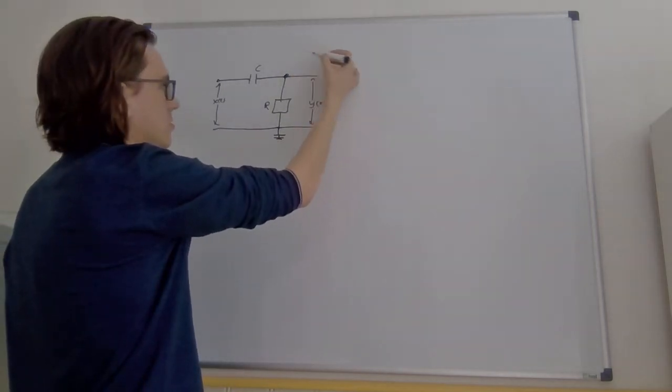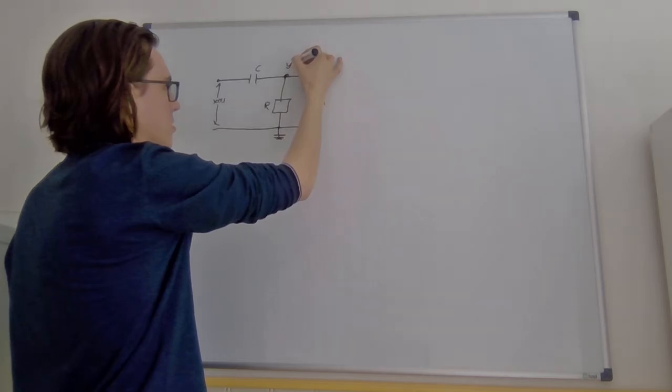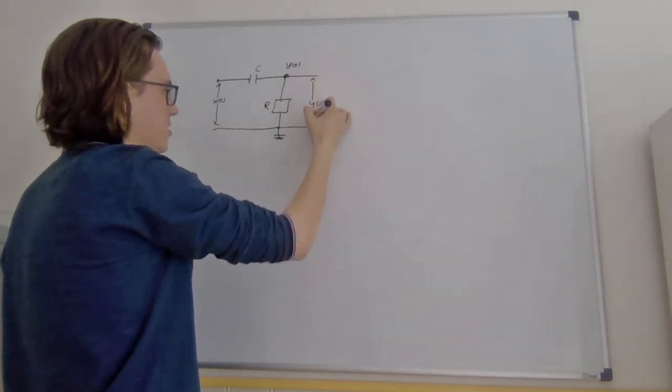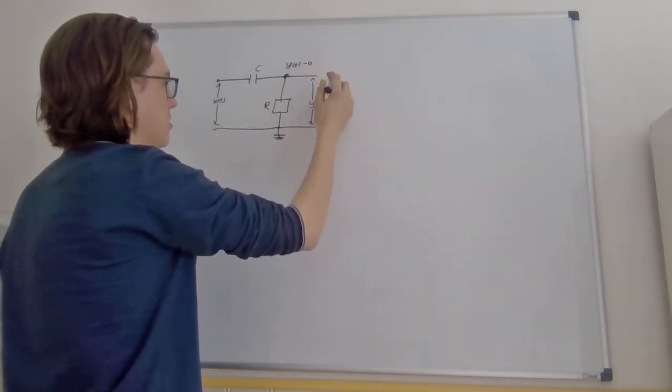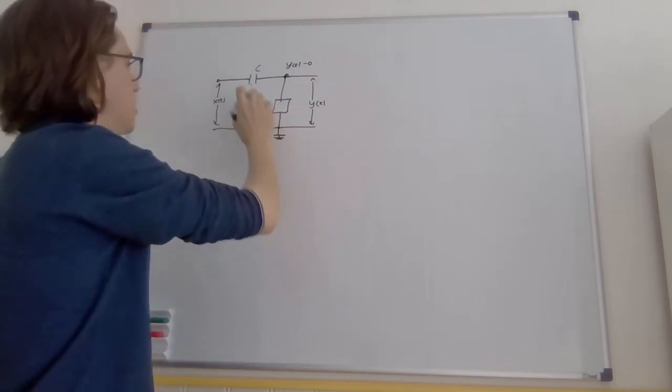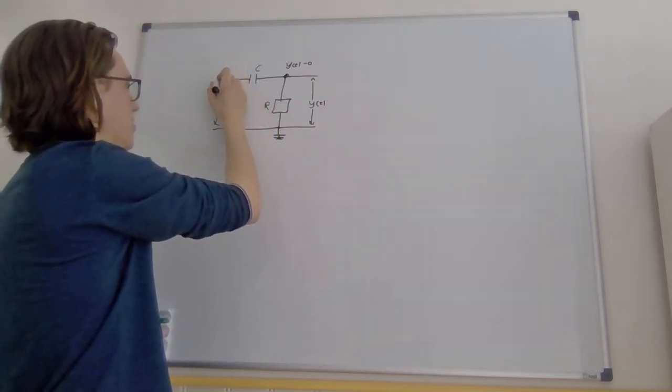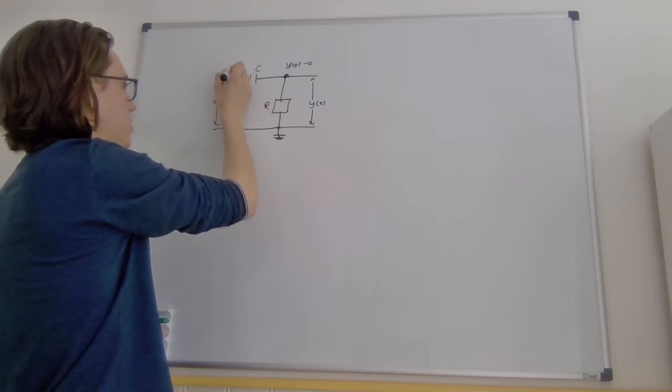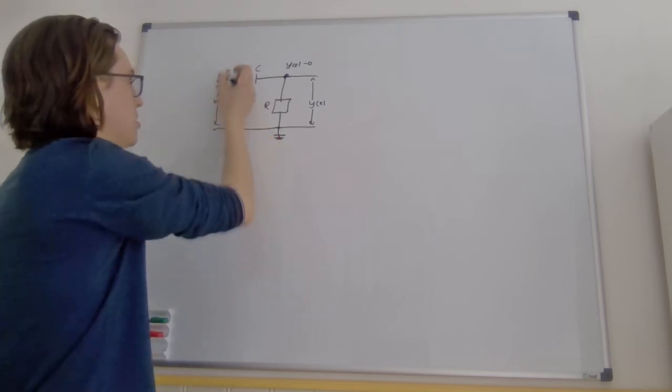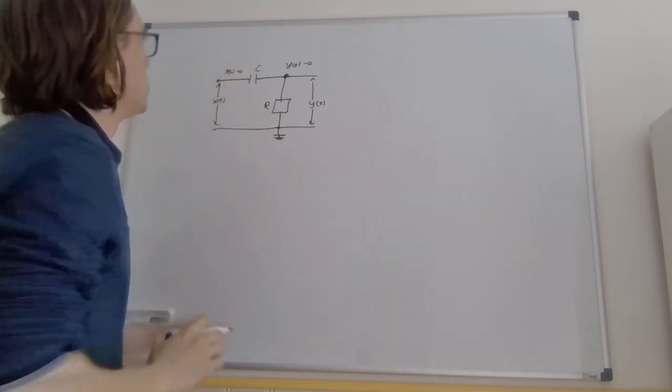On this node, we have a voltage of y of t minus our ground, which is 0. And on this node, we have a voltage of x of t minus this voltage, which is ground, which is also 0.